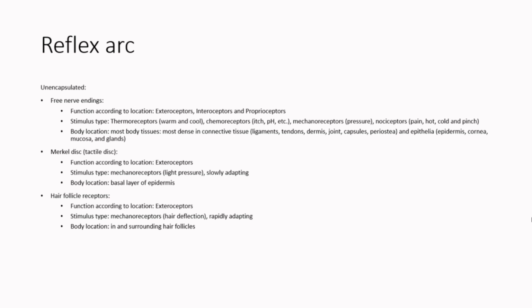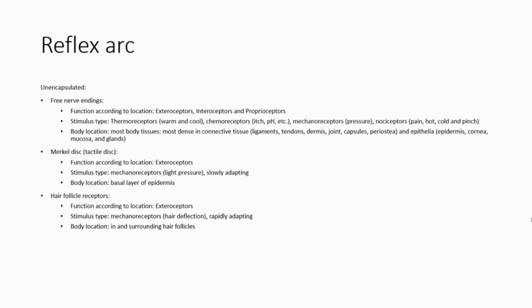The free nerve endings are exteroreceptors, interoreceptors, and proprioceptors. Their stimulus type is thermo-, chemo-, mechanoreceptors, and even nociceptors. We find them in most body tissues, and they are most dense in connective tissues, and we can find them in the epithelia also.